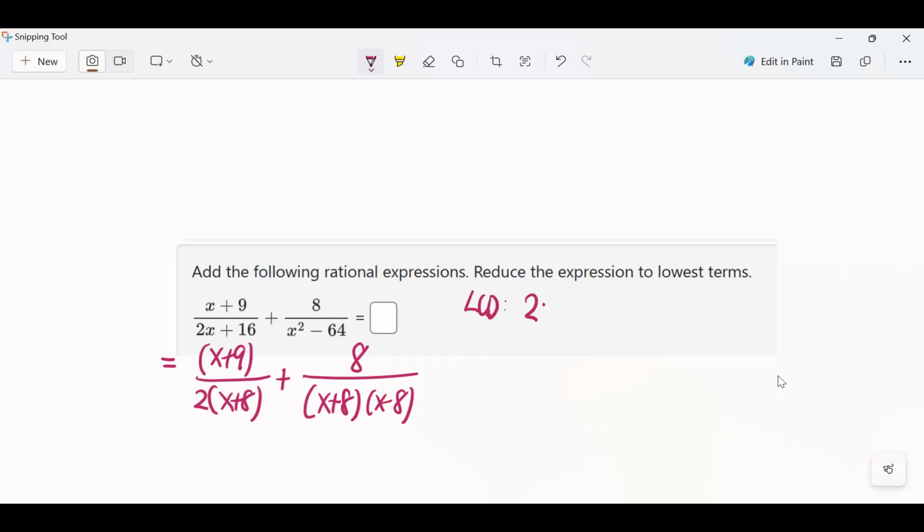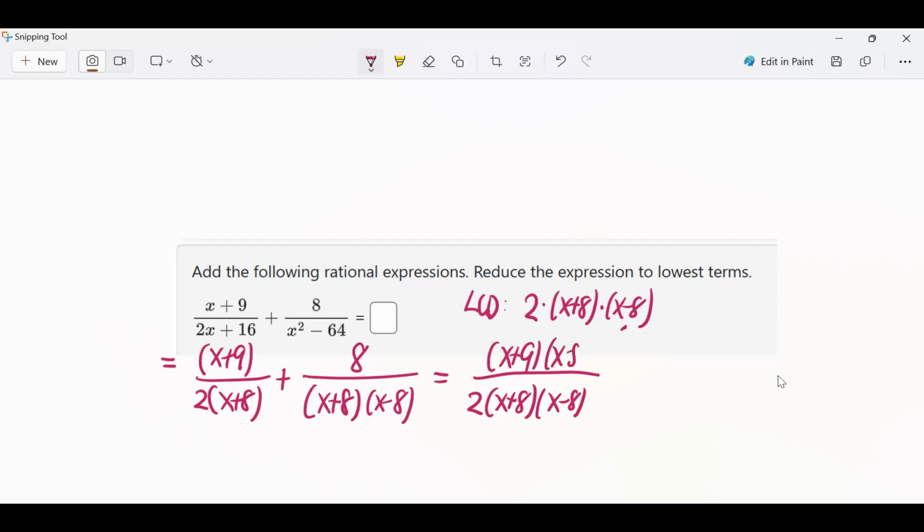It's gonna be 2 times x plus 8, x minus 8. And the first term is the same as this one. So multiply by x minus 8 on both top and bottom. Second one, we're missing 2. 2 is not there, so we multiply both top and bottom by 2.